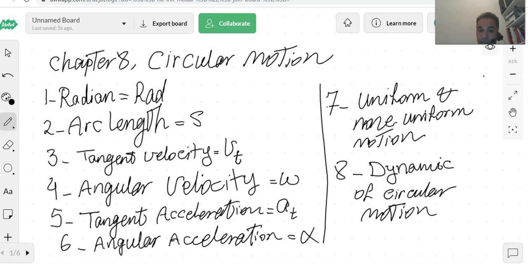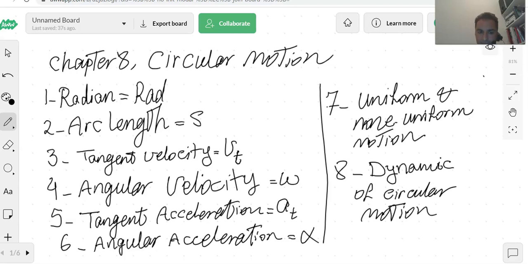Please don't confuse terminal velocity with VT, tangent velocity. The next topic is angular velocity, which is called omega. Then tangent acceleration, which we show by AT, index T. And then angular acceleration, which is alpha. Then we will go over equations in uniform and non-uniform motion, and finally I will go over dynamics of circular motion.